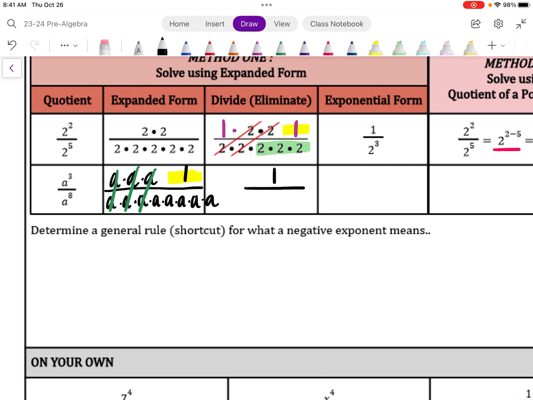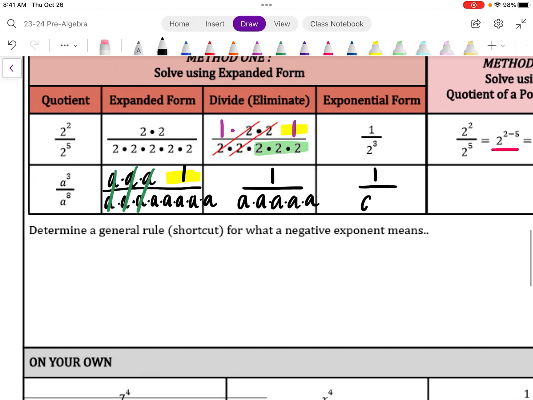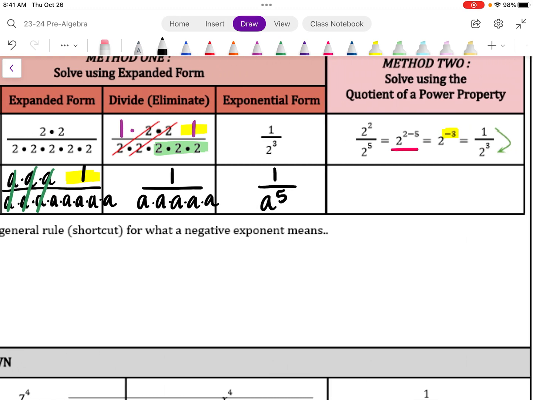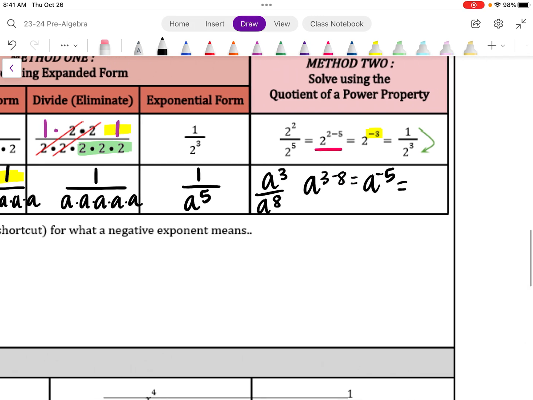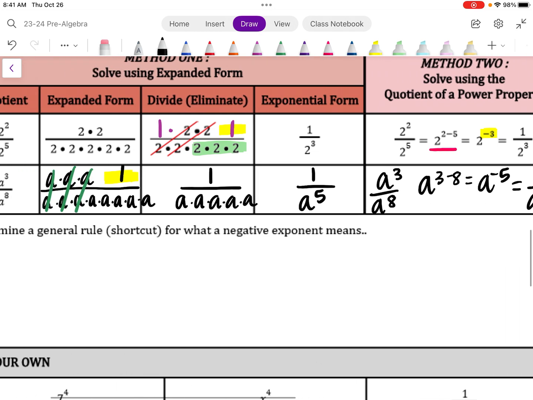So what I'm left with is 1 over a to the fifth. And if we use the rule, a to the third over a to the eighth, we're going to take a to the 3 minus 8. So a to the -5 becomes 1 over a to the 5.